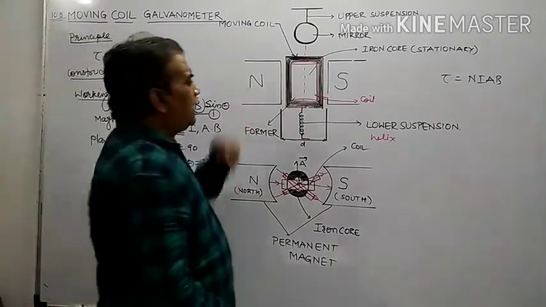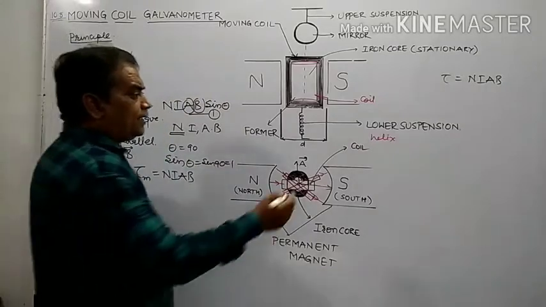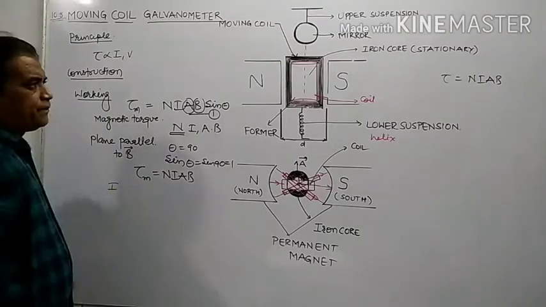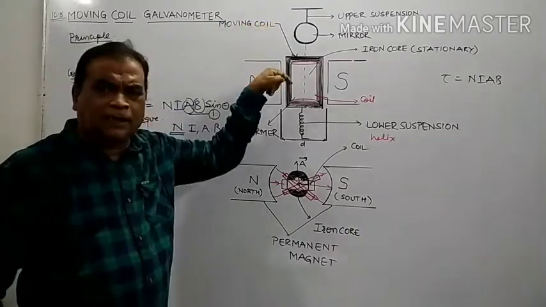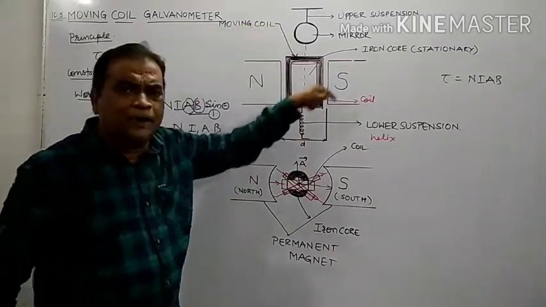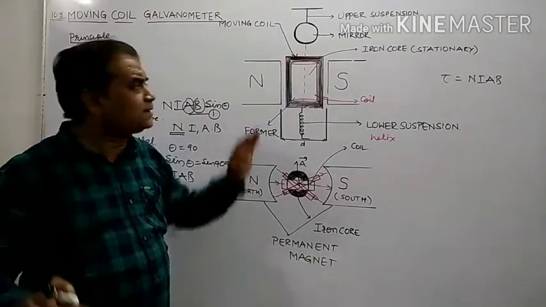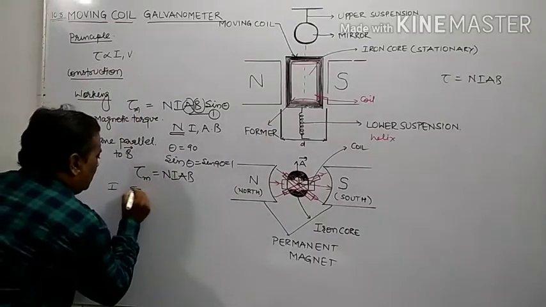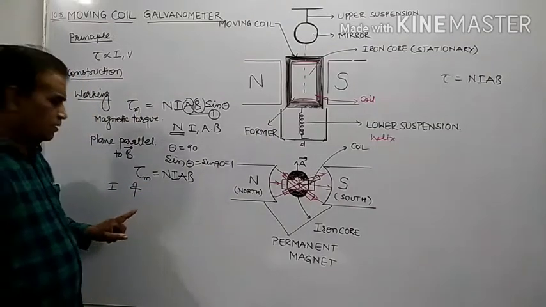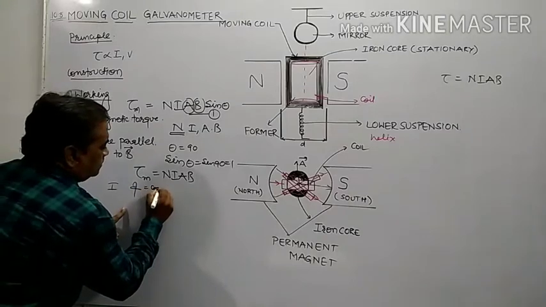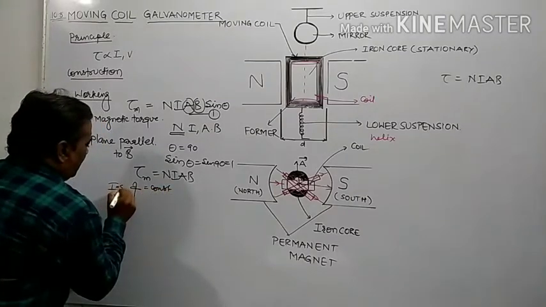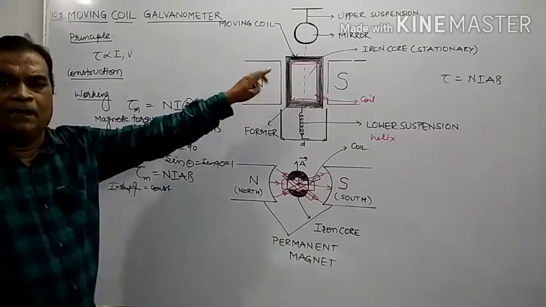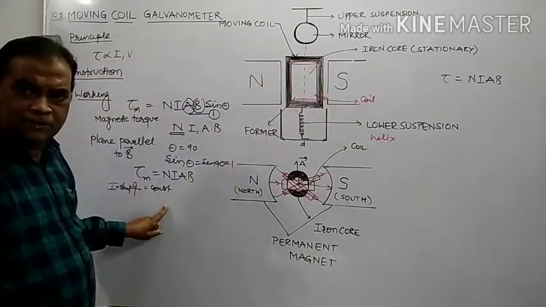Remember, as far as the current I is concerned, so long as a steady or fixed current is flowing through the coil, the angular deflection of the coil phi is constant.